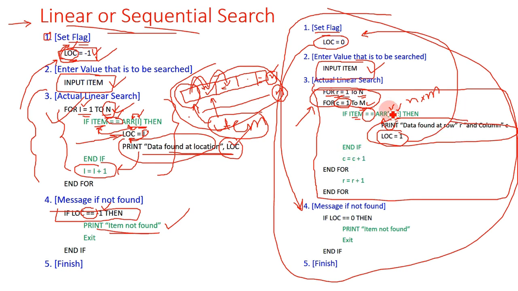But if the item is not found, then again the column value will be incremented, and the first row and second column value will be compared with the item.